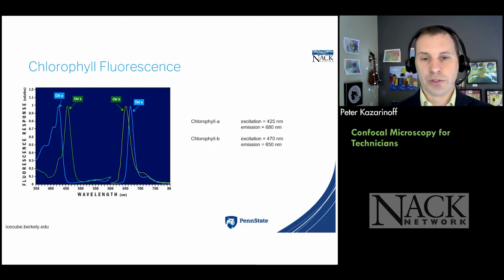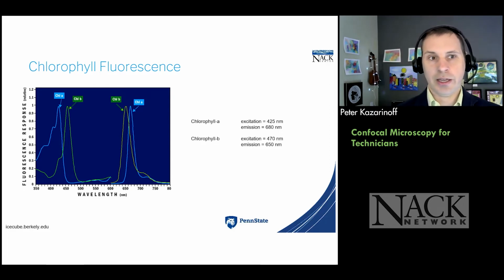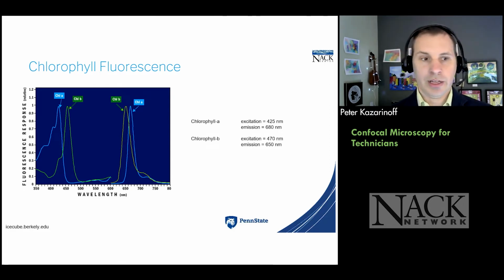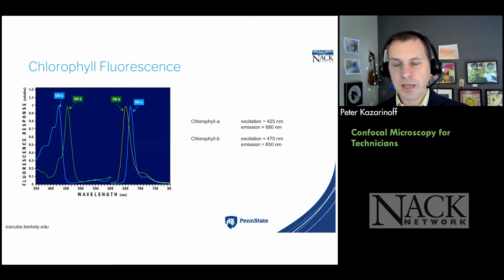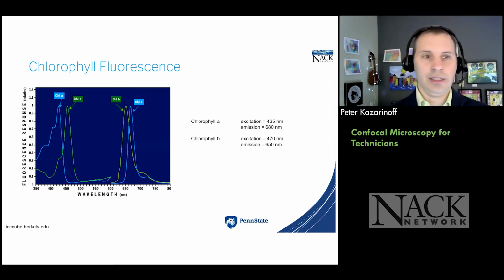And one of the chemicals that will fluoresce on its own is chlorophyll. Chlorophyll A and chlorophyll B have slightly different excitation wavelengths and slightly different emission wavelengths, but you can image any cells that have chlorophyll in them with a laser scanning confocal microscope without adding any dye.